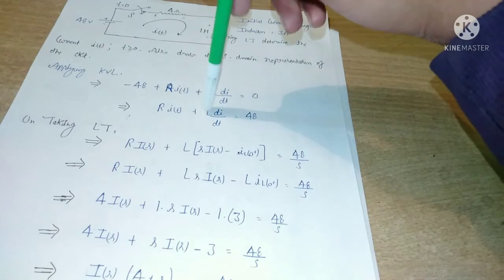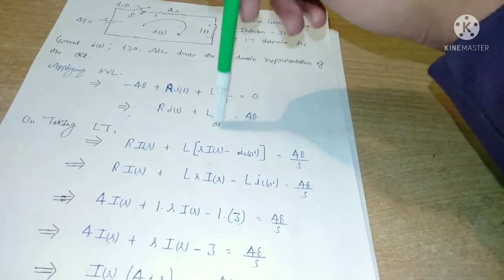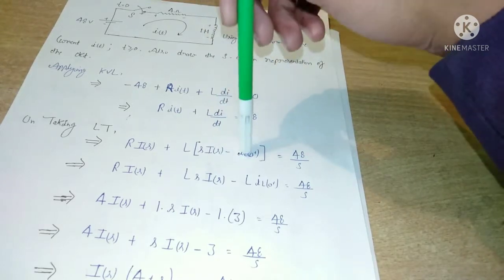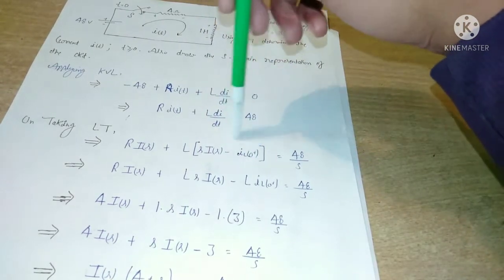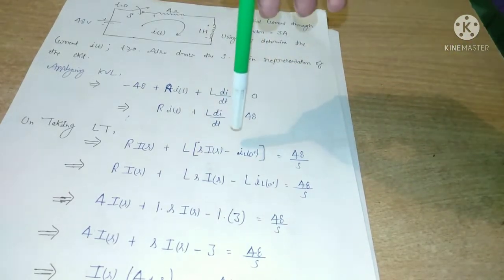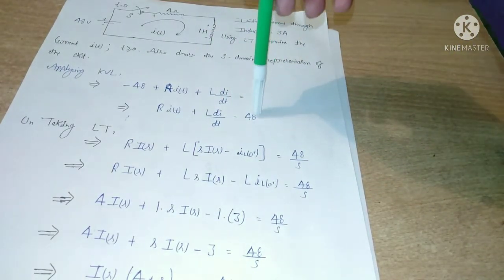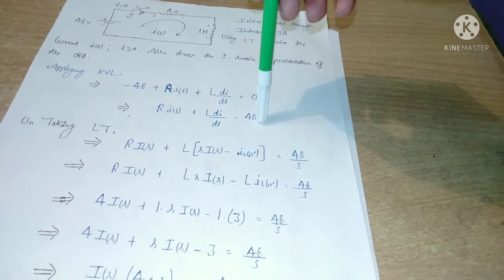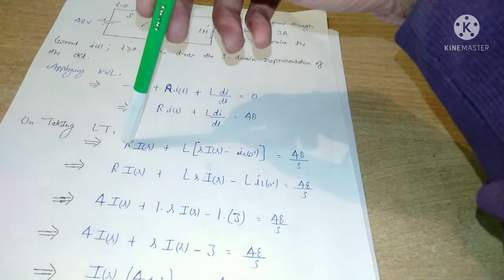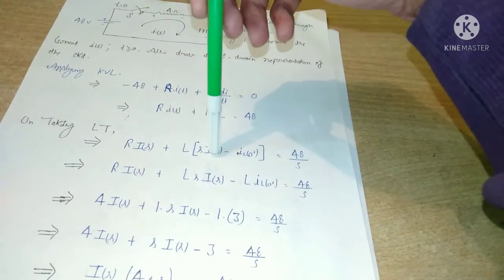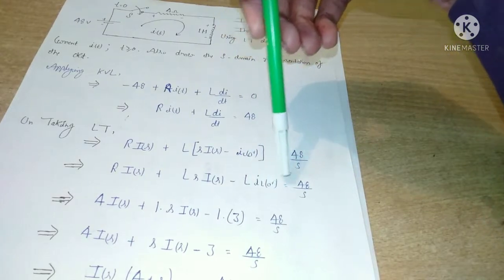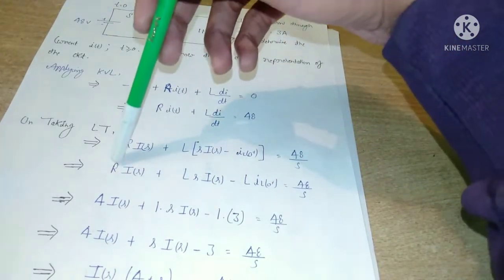L is constant and di by dt can be written as s times I(s) minus i_L(0+), the initial condition, which we subtract. The Laplace transform of 48 is 48 by s. Now multiplying L inside: L s I(s) minus L i_L(0+) plus R I(s) equals 48 by s.